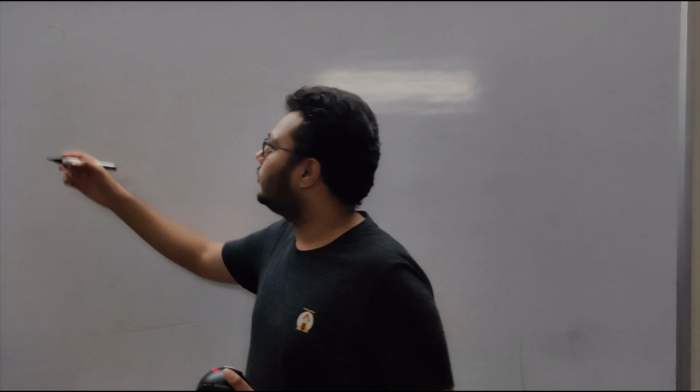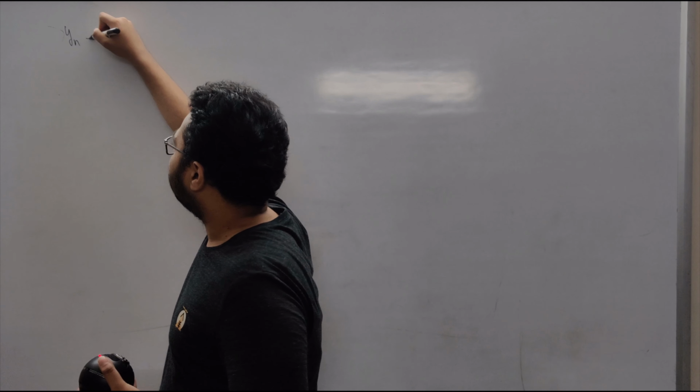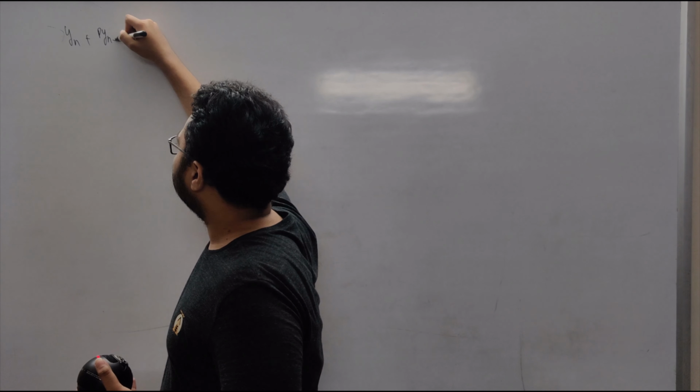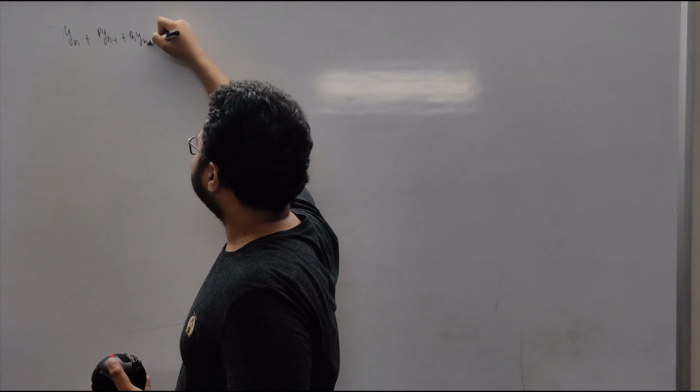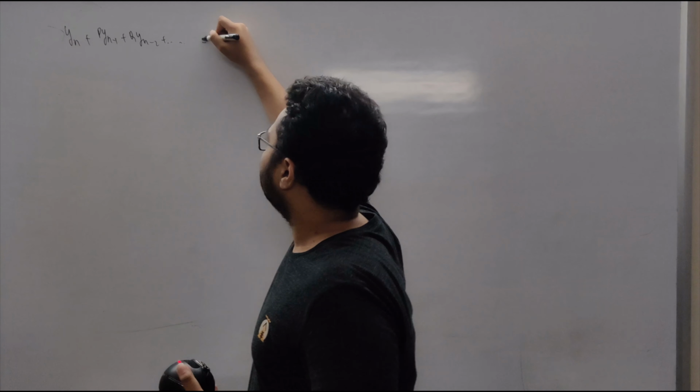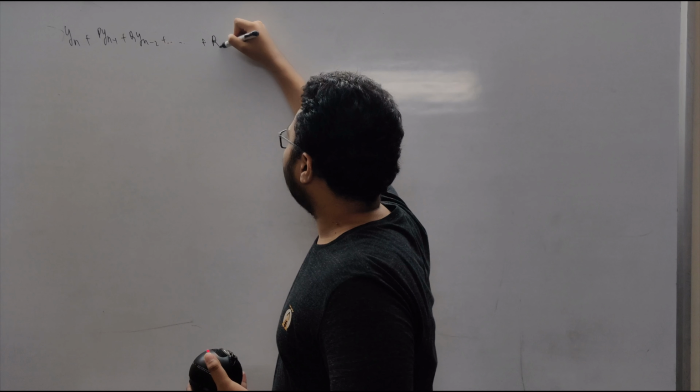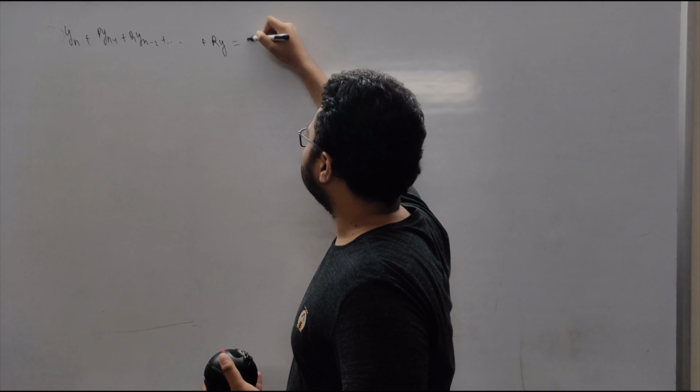So an nth order linear differential equation looks like y^(n) + p y^(n-1) + q y^(n-2) + ... + r y = c.